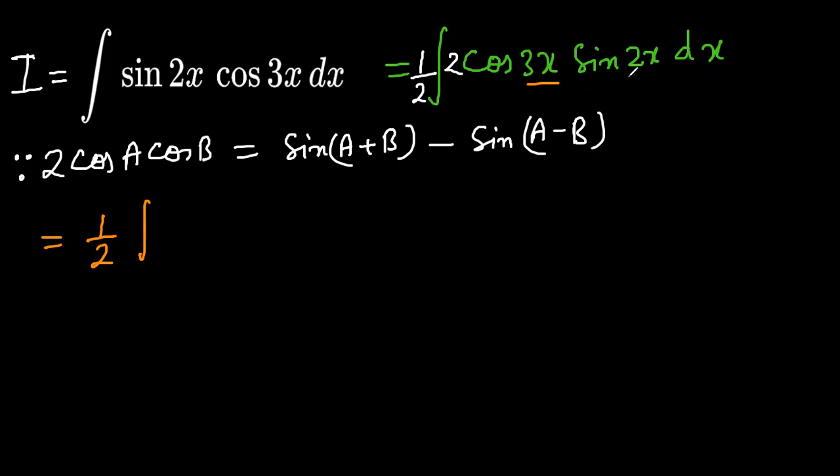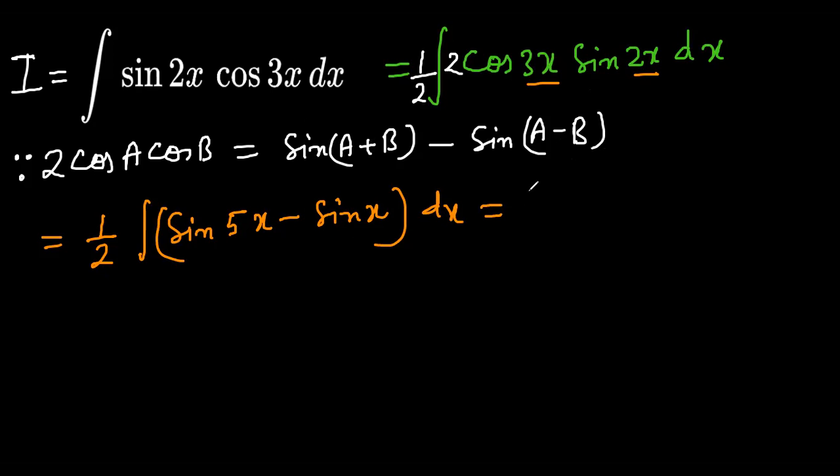So 3x plus 2x is 5x, so sin 5x, minus sin of 3x minus 2x, which is x. So I can directly write sine of 5x minus sine of x dx.